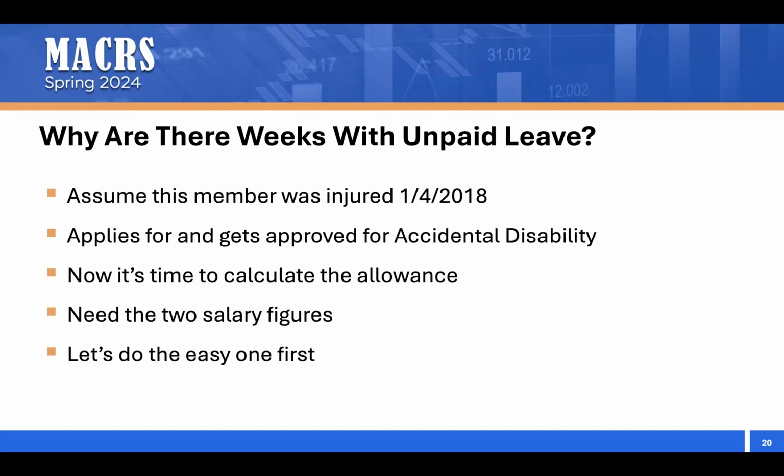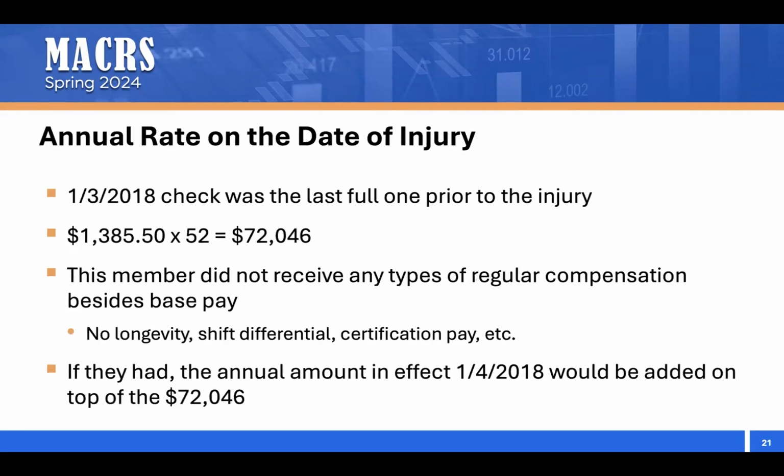So yes, we're going to do the easy one first, because who starts with the hard one? The annual rate on the date of injury. So if you look back, the last full check the person got, or the annualized rate that we just did 2 slides ago, was 1385.50. So we're just multiplying that by 52 weeks. Yeah, $72,046.